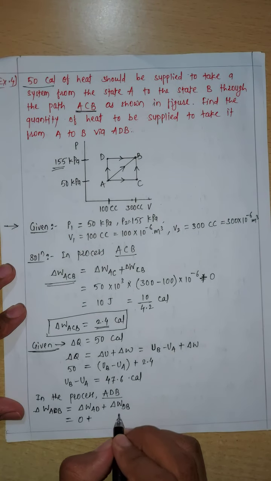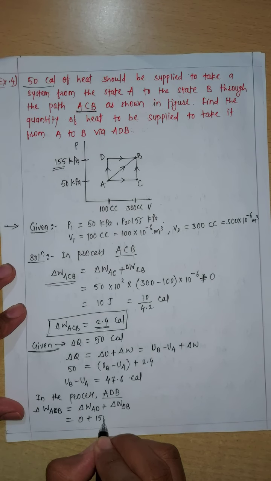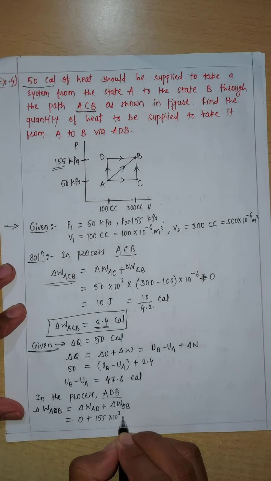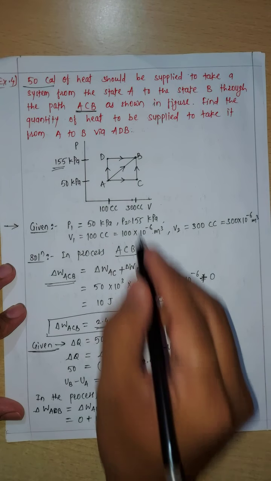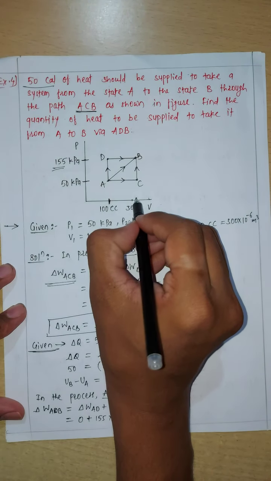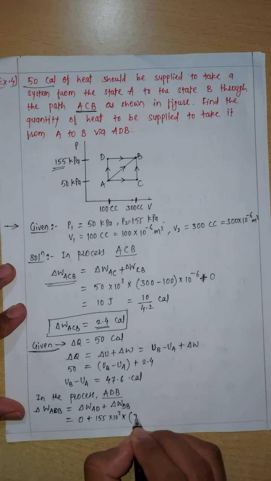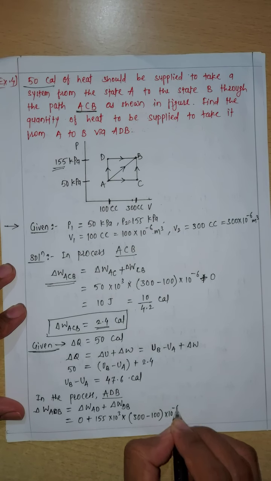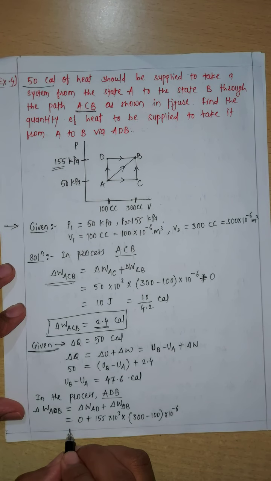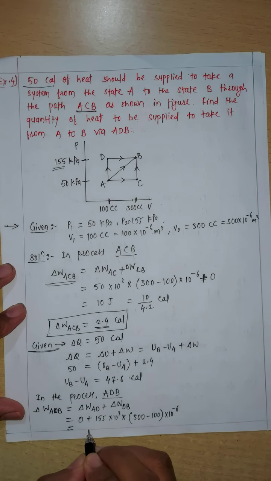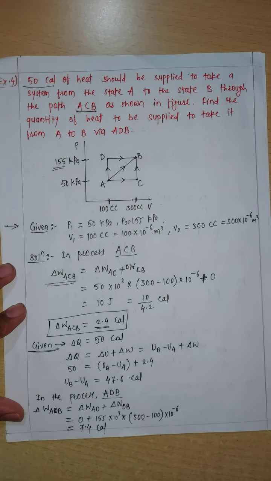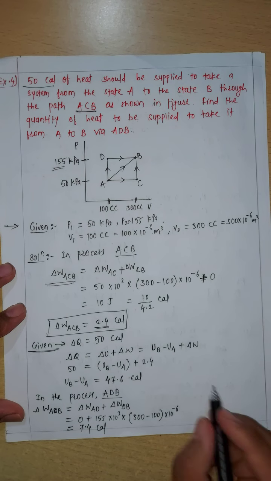So we can write here 155 kilo pascal, that will be 10 to the power 3 Pascal, and multiplied by, again that volume will change from 300 to 100, so it will be 300 minus 100 into 10 to the power minus 6. So after calculating this you will get the final answer as 7.4 calorie.